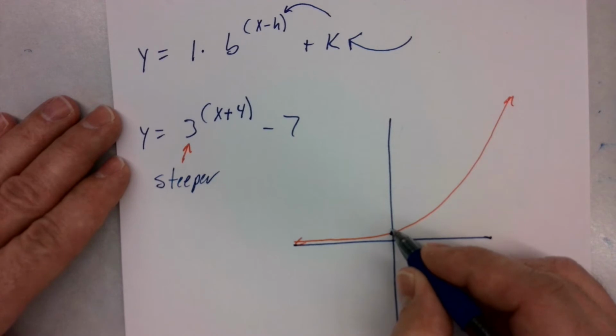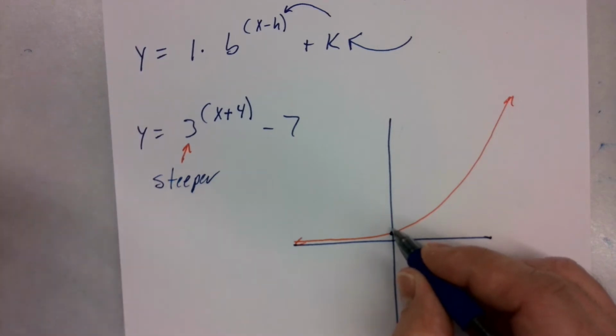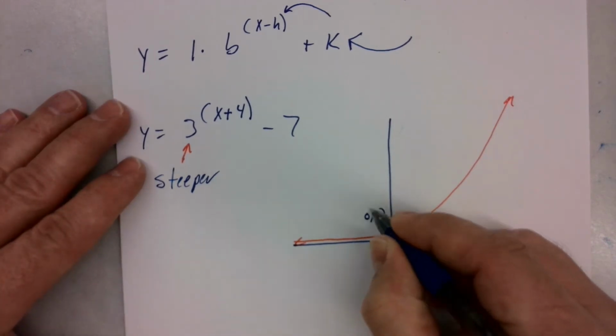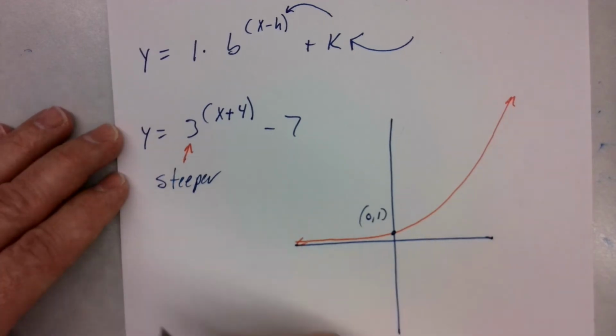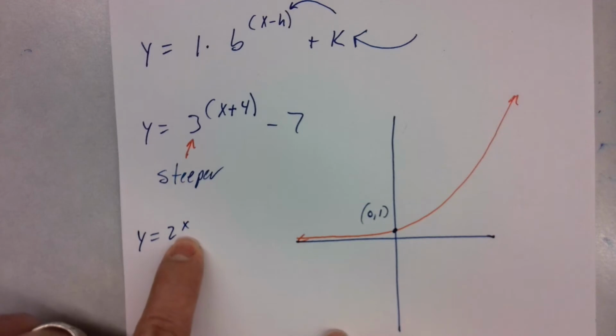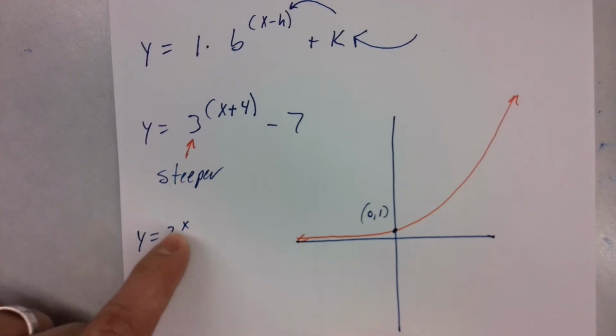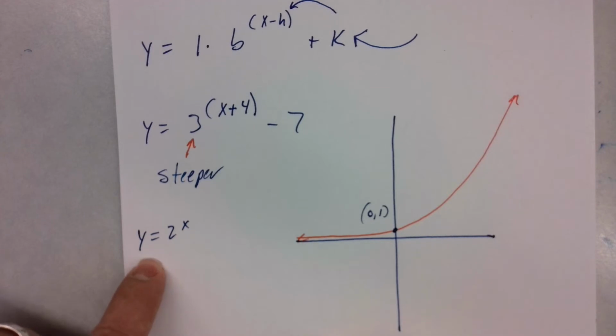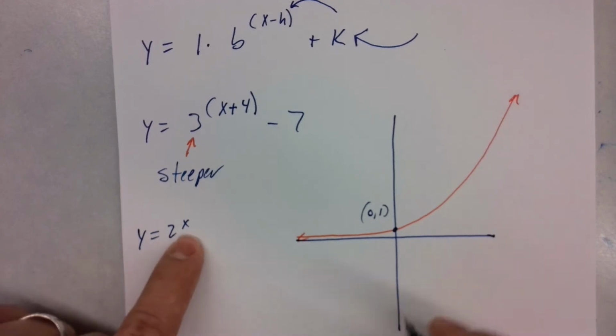Does anybody know? It's going to be 0 and 1. Because if I go back to my parent function, which was y equals 2 to the x, when that is 0, anything to the 0 power is 1 except 0, right? So in this case, 0, 1.